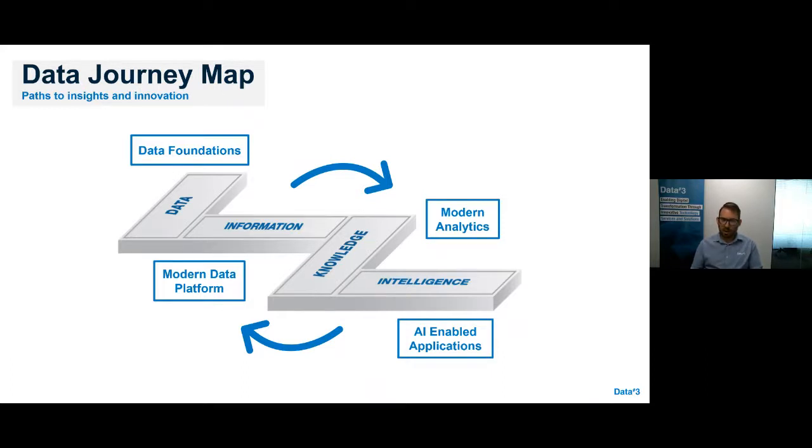And as you go through your own data journey, you start thinking about capabilities such as data warehousing and data quality, data modelling, and that modern data platform piece. Reporting and analytics comes out in the modern analytics and knowledge path. And all that's a precursor to doing a lot of intelligence around machine learning, virtual agents, and so on.